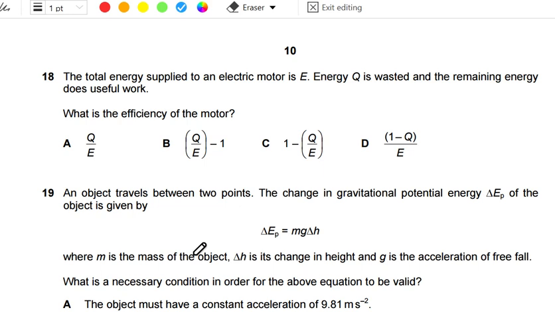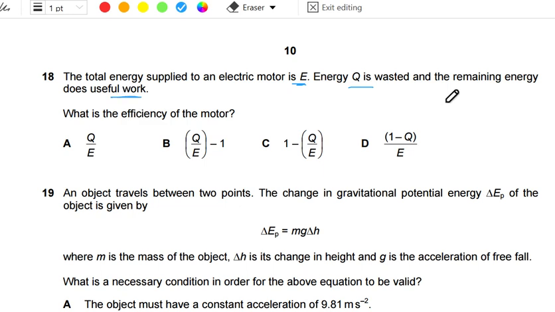Okay, here Q is wasted and input is E, and we need the useful work or useful output.